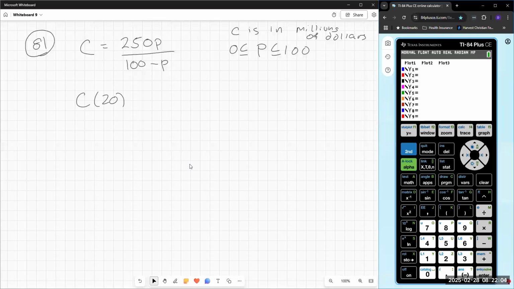And I'm just going to go ahead and put this formula in here. Alpha y equals n over d, 250x, and then the bottom is 100 minus x, and go to my table, and we want 20, and let's go to my mode, and I want my answer to always come back as a decimal.